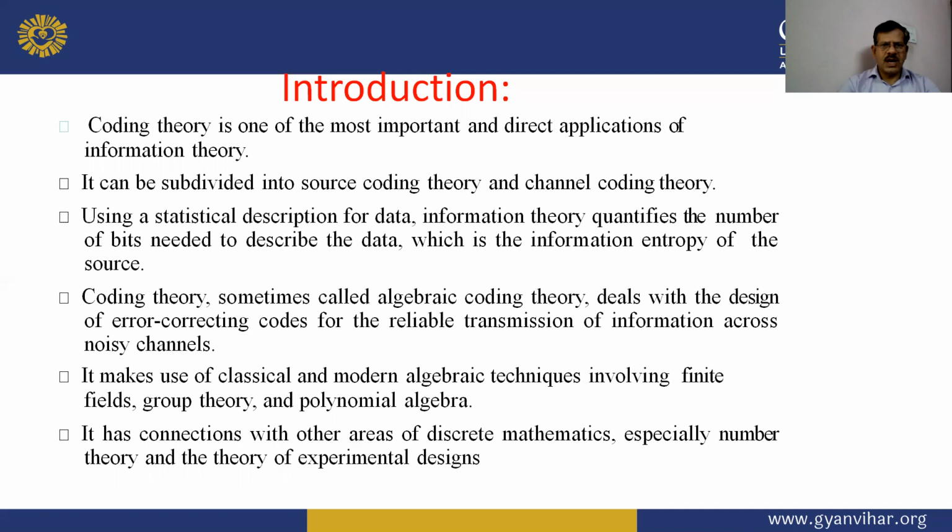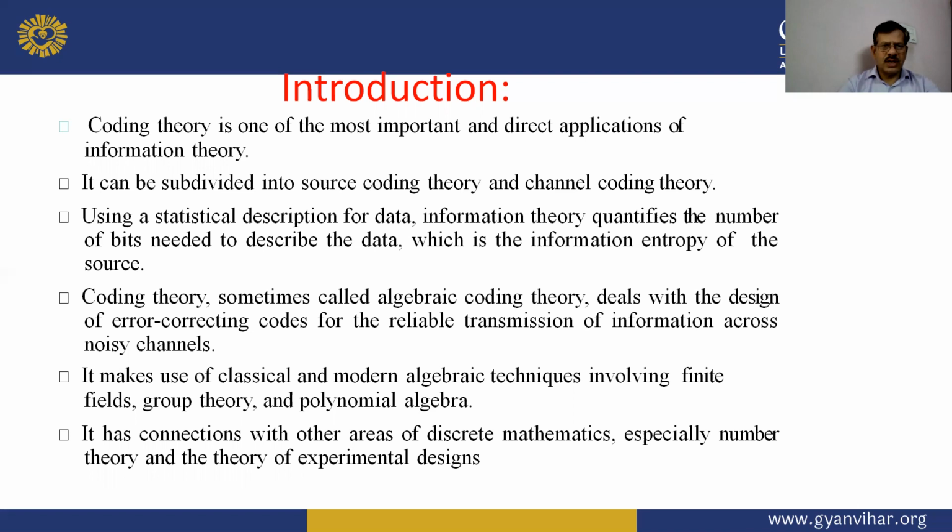Coding theory, sometimes called algebraic coding theory, deals with the design of error correcting codes for the transmission of information across noisy channels. It makes use of classical and modern algebraic techniques involving finite fields, group theory, and polynomial algebra.